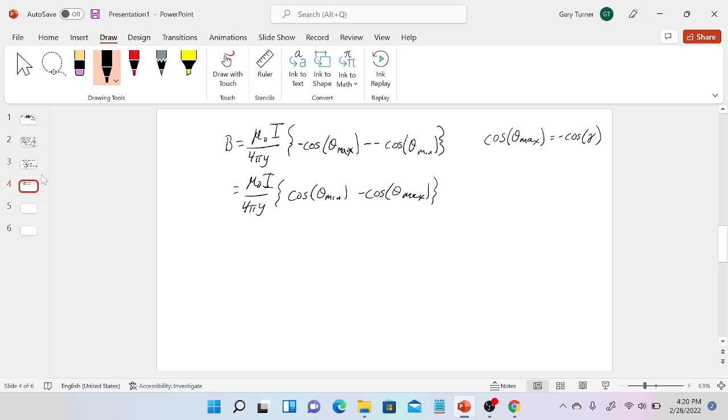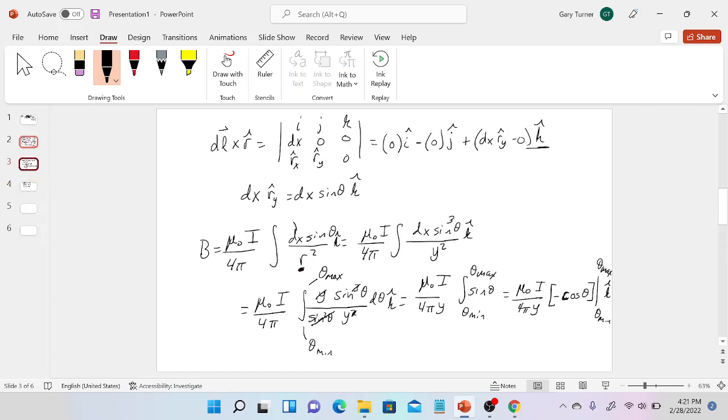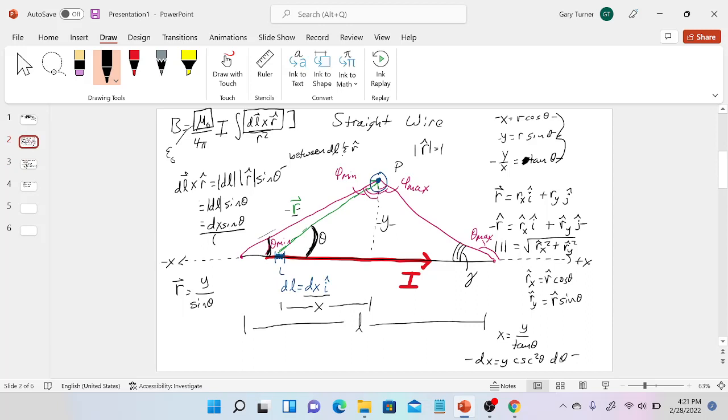And as a result, what we get here is the cos of the minimum angle plus the cos of the inner angle at the maximum value. So I'm not really integrating from here to here.